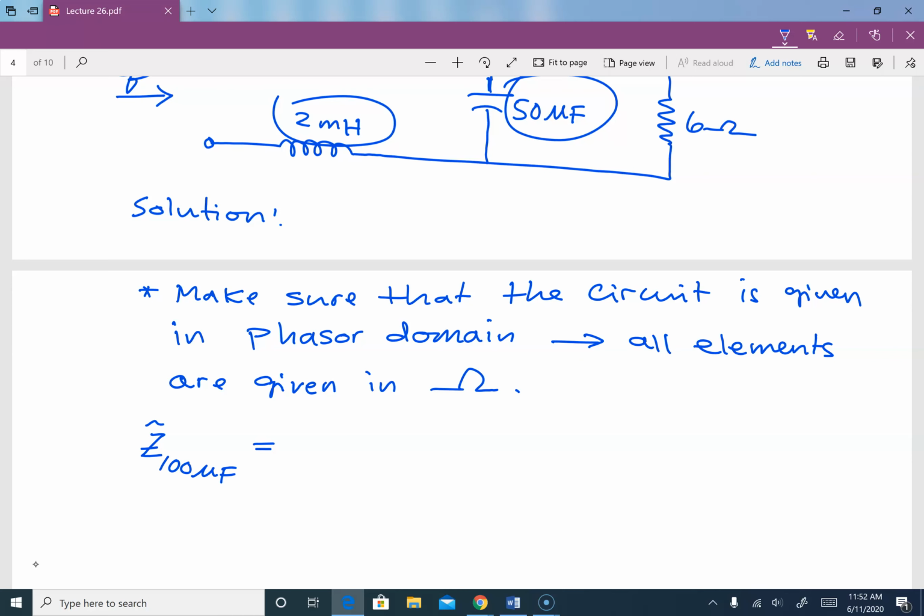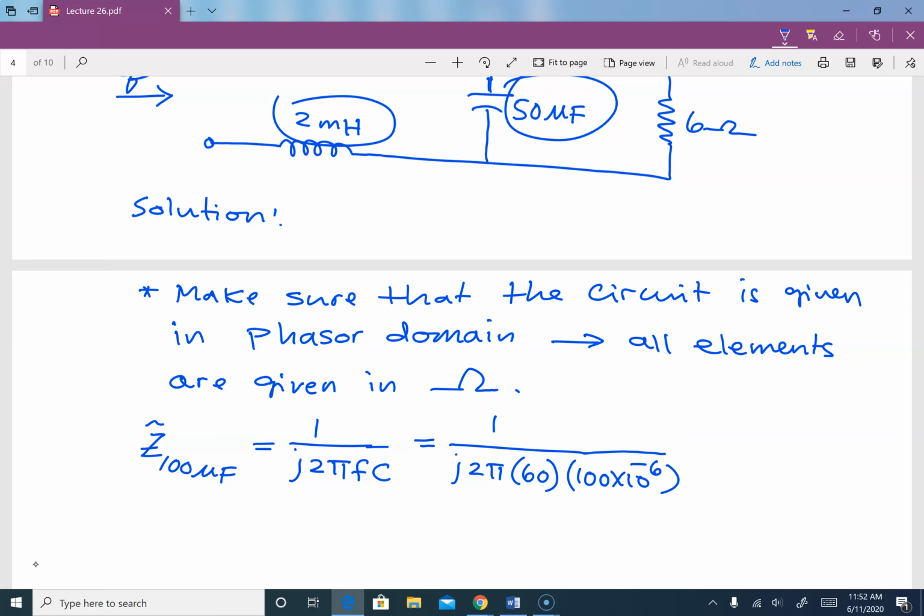That is equal to 1 over J 2 pi Fc, which is 1 over J 2 pi, and the frequency is 60, and our C is 100 micro, which is 100 times 10 to negative 6.